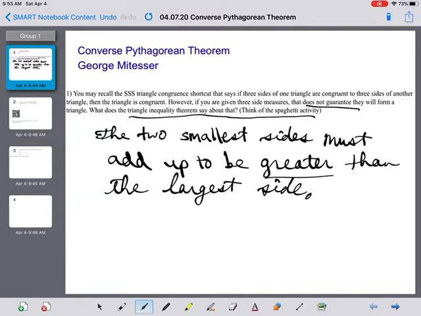Right? And they cannot be equal. So if you had one long side and then two short sides, the two shorter sides had to be greater than the third side to even form a triangle.